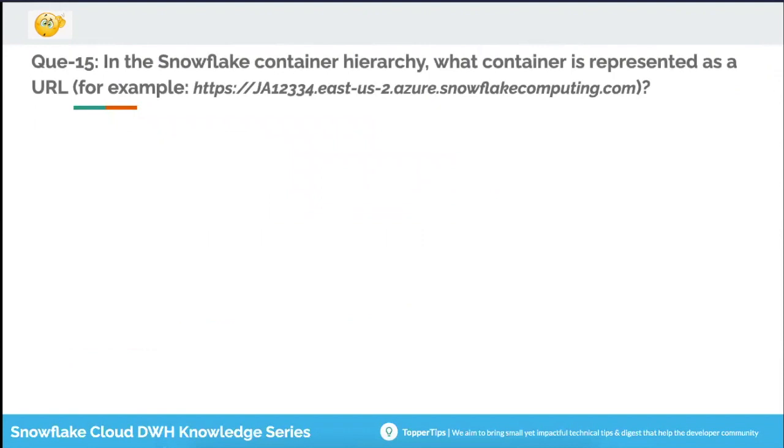In the Snowflake container hierarchy, what container is represented as a in the URL?